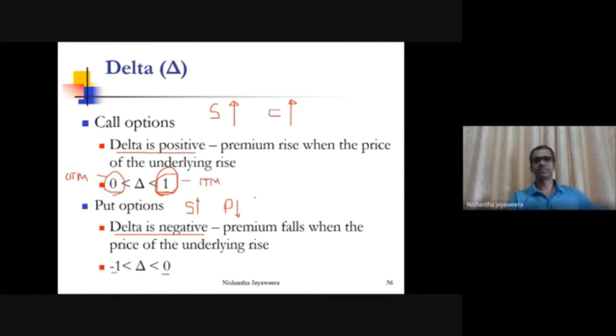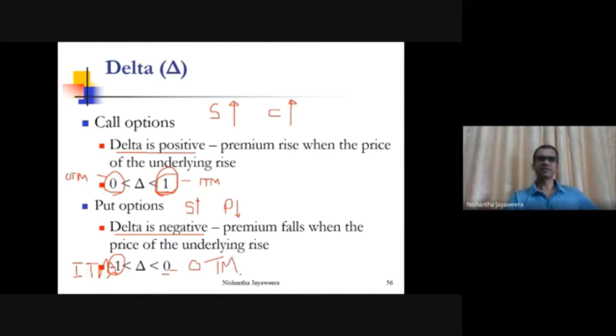This is the same for puts: -1 when in the money, and zero when it is out of the money.